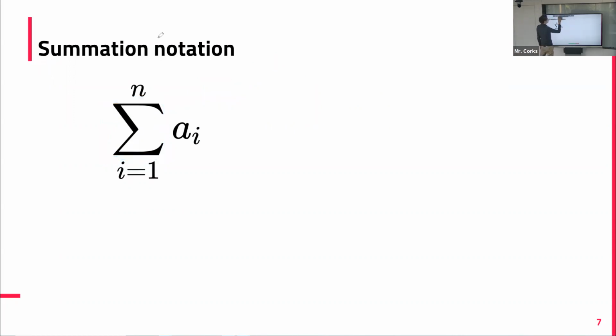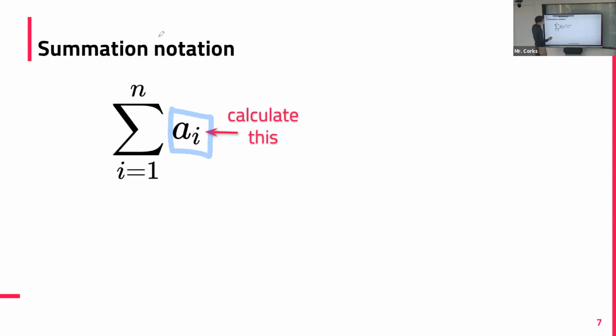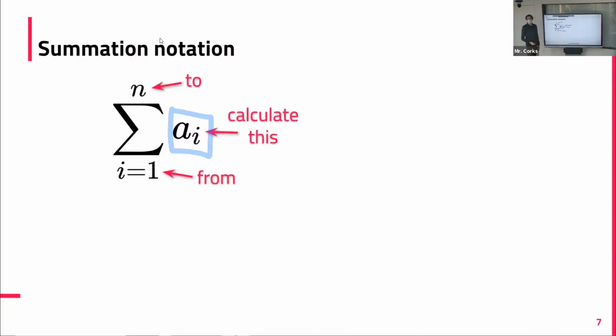So the actual items. The thing in front is the general term of the series. So that's the actual thing that was defining what we'll have in the series. The number on the bottom is our index. This is telling us how many there will be.